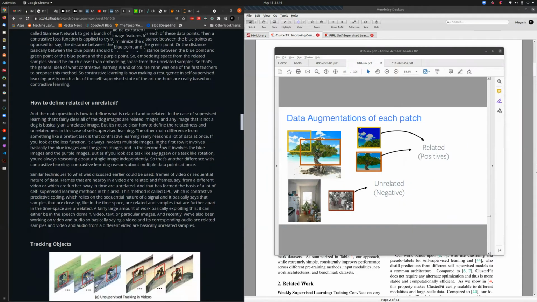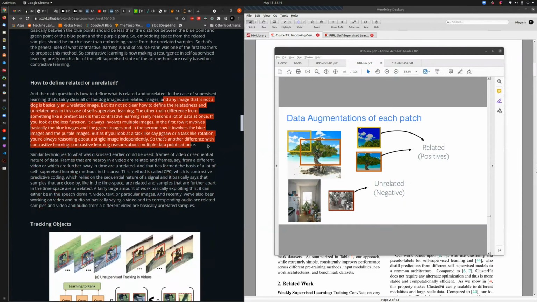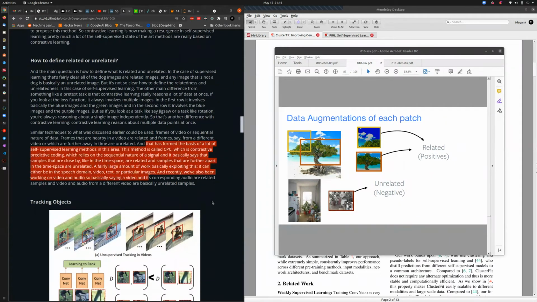These are some pretext tasks that contrastive learning has been applied on, and semi-supervised methods that have been used here, such as CPC, which is contrastive predictive coding. This is the signal that in time space is being unrelated, and this is in a speech domain, video, text or a particular image.